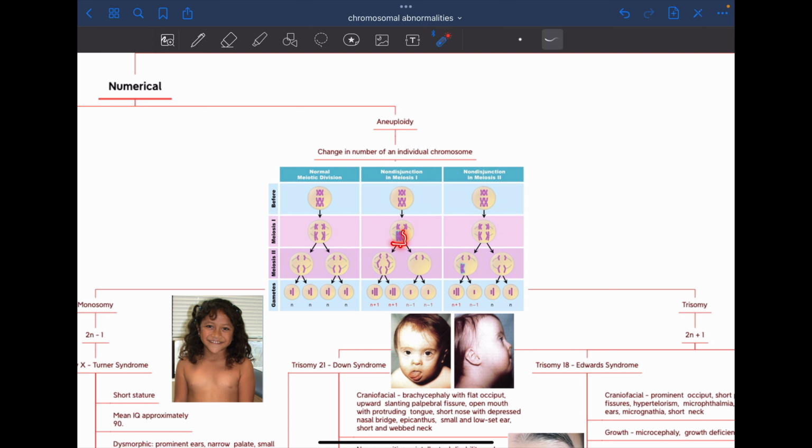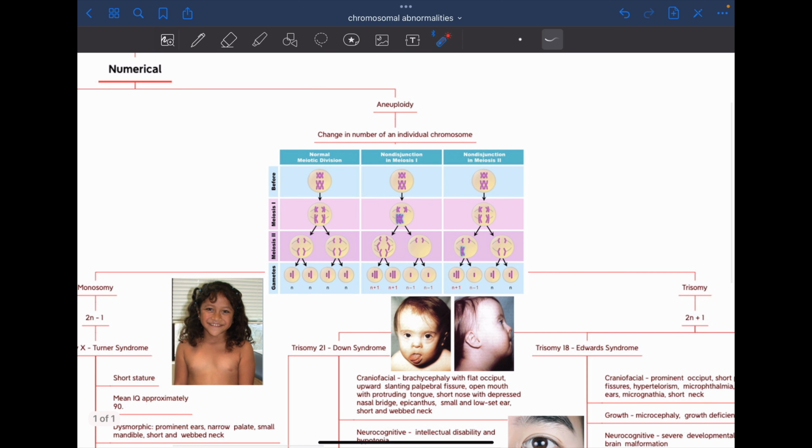The entire 3 chromosomes, instead of, as in this example, 2 going to each cell, go together, so one cell will have 3 and the other will have 1. Later on, meiosis 2 will occur normally, and the result is this: 2 gametes will have an extra chromosome, or n plus 1, and the other 2 will have a deficiency, or fewer, because the problem was from the beginning, from the first cell.